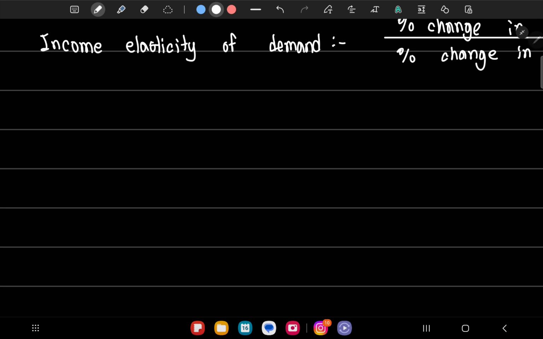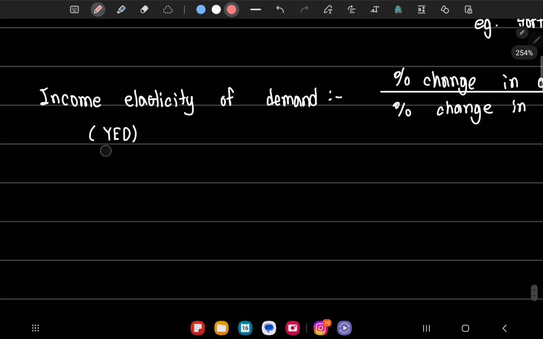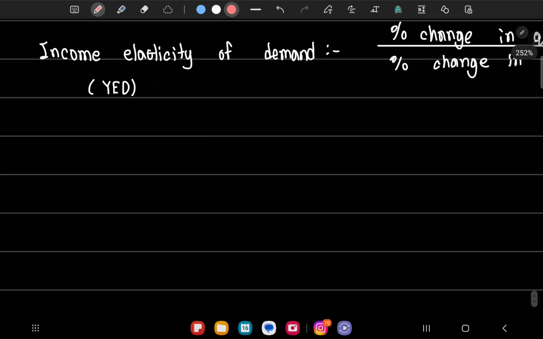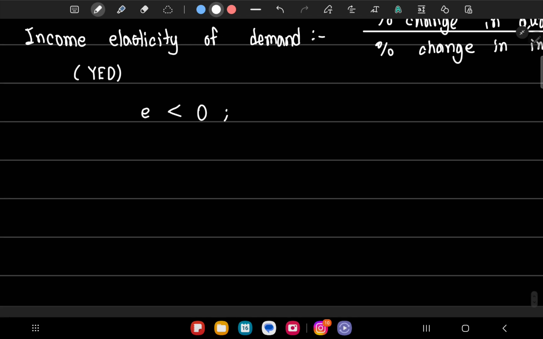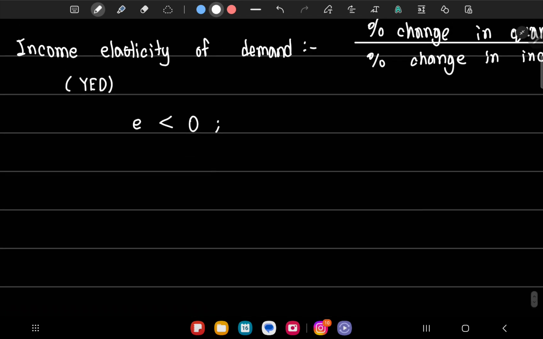So in case of income elasticity of demand, which is also known as YED, this is less intuitive, the short form, but the Y just stands for income. So if this elasticity is less than 0 or it's negative, we call it an inferior good.